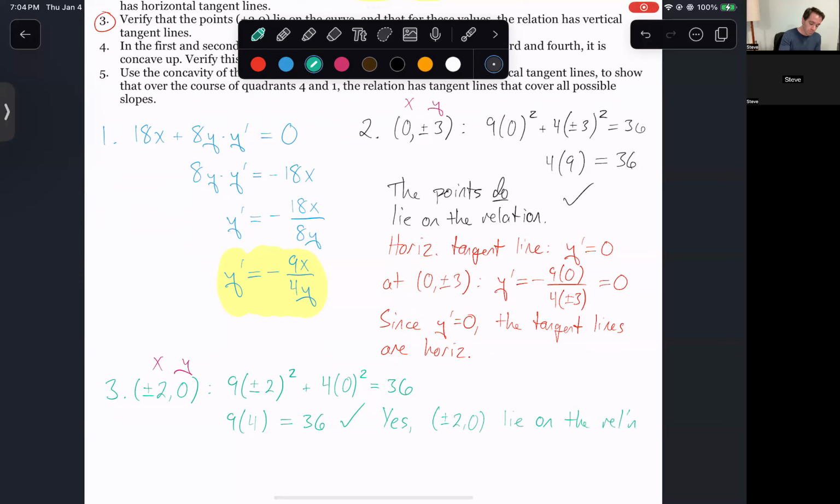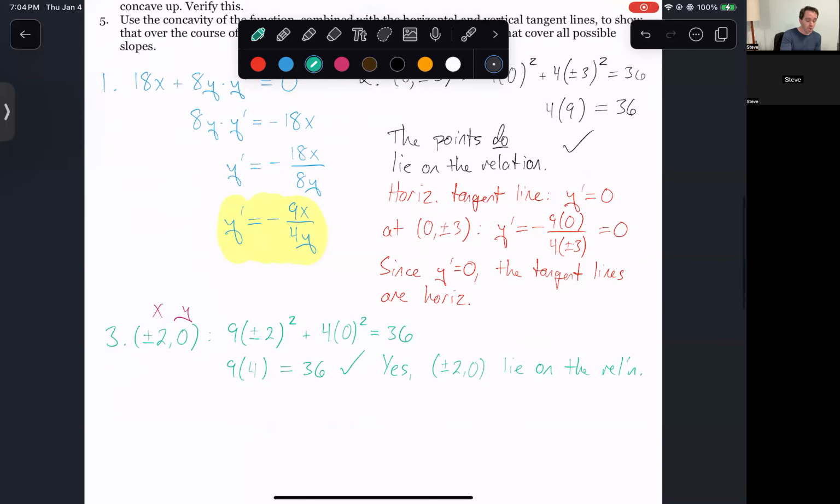the relation. Now we need to verify that at those points we have vertical tangent lines. Well, horizontal tangent lines meant that we were looking for the derivative to be equal to 0. What does a vertical tangent line mean? You know this.